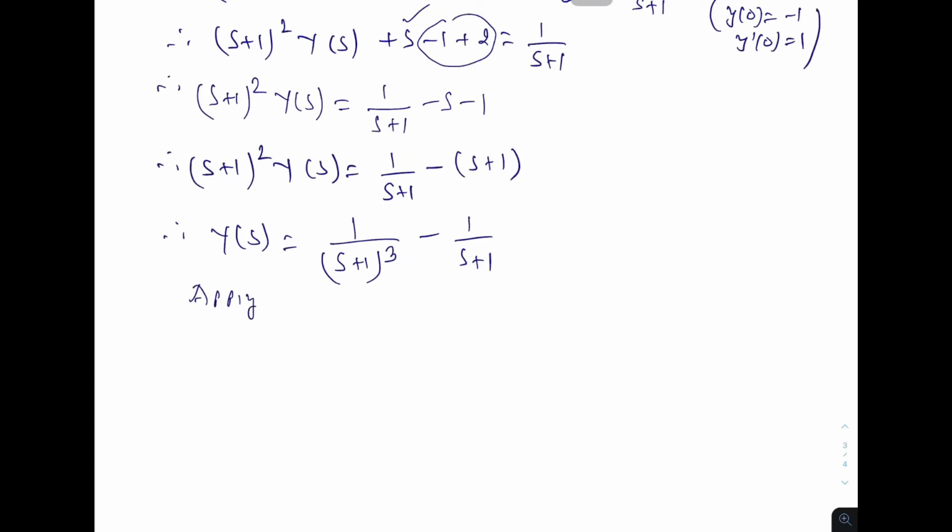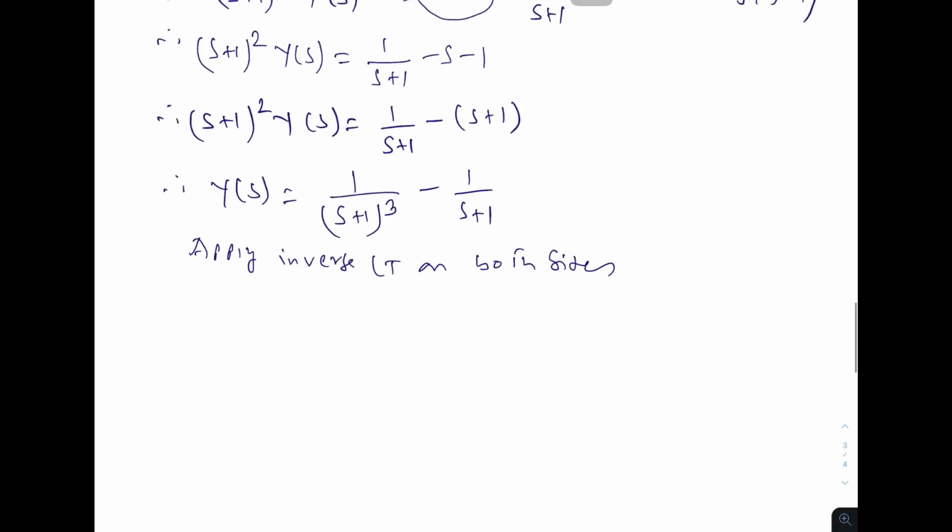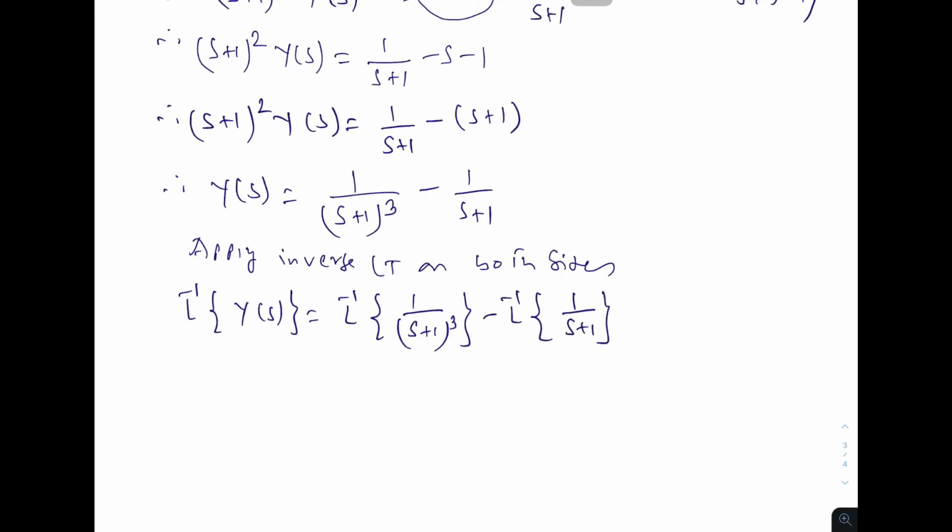So apply, or take, the inverse Laplace transform on both sides. So we get the inverse Laplace transform of Y(s) equal to the inverse Laplace transform of 1 upon (s plus 1) cube, minus the inverse Laplace transform of 1 over (s plus 1).